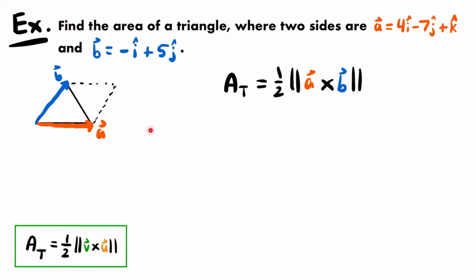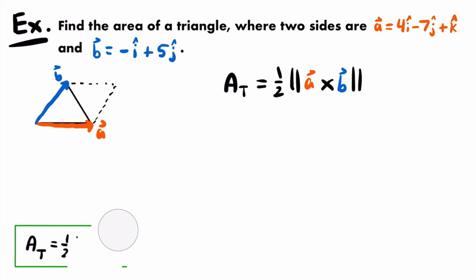So, by finding the area of the parallelogram using the magnitude of the cross product, and then multiplying it by 1/2, we get the area of this triangle. I hope that makes sense. When you're finding the area of a triangle using the cross product, you're just finding the area of half of a parallelogram, assuming that the two vectors you're given are adjacent sides of that triangle or parallelogram.